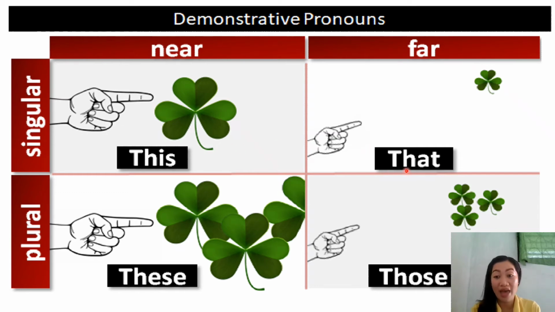When we say that, it's still singular, but it's far. When we say these, we are referring to plural, which is near. But when we say those, we are referring to things very far from us, and it's plural.